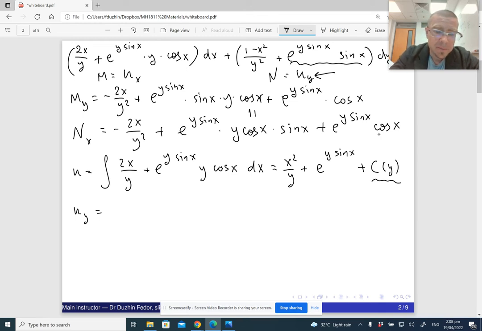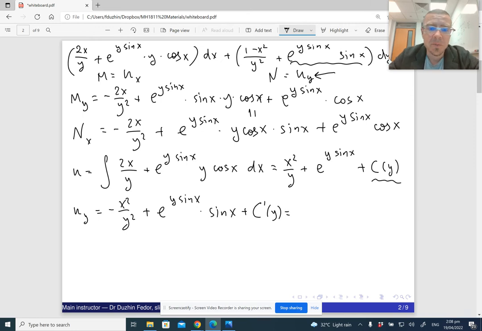So this is minus x squared over y squared plus e to the y sine x times sine x, plus, of course, c prime of y. And this is supposed to be equal to 1 over y squared minus x squared over y squared plus e to the y sine x times sine x.